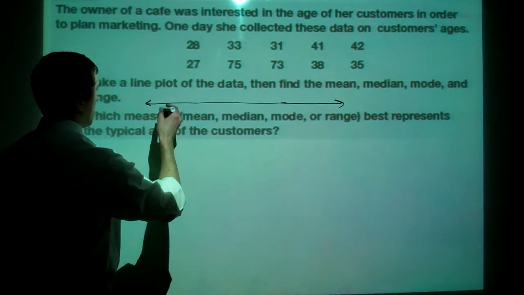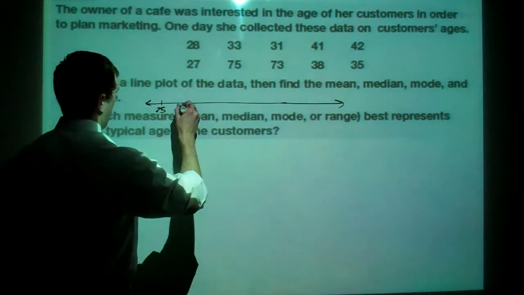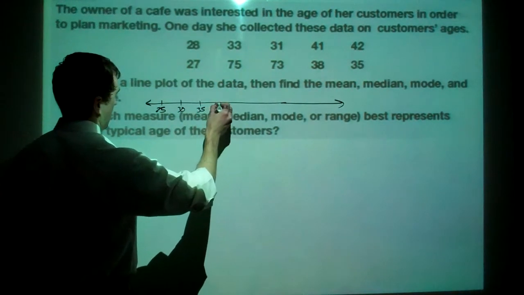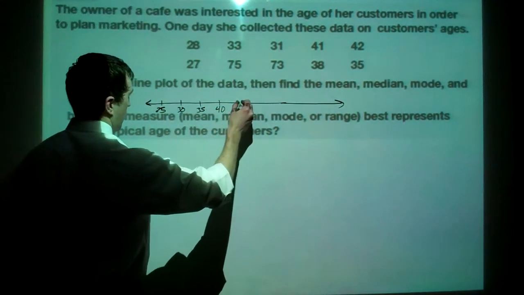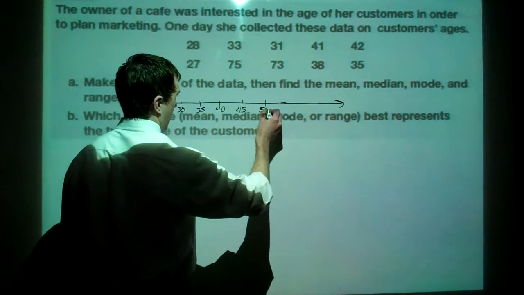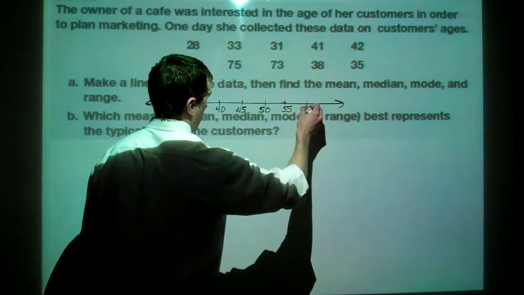So let's do 25, and then we'll go by 5s. 30, 35, 40, 45, 50, 55, 60.